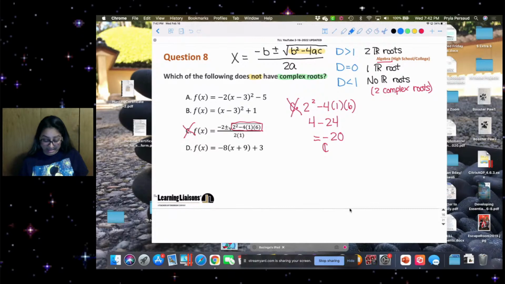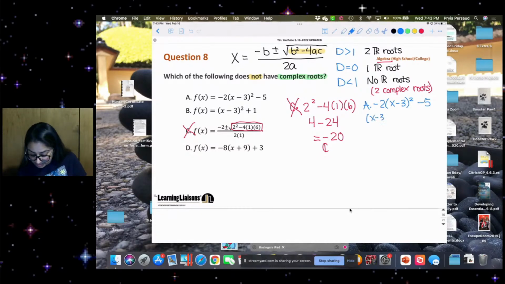Well, if I do A, it tells me that I have negative 2 times x minus 3 squared minus 5. I'm going to start with my x minus 3 squared, and that's going to give me x minus 3 times x minus 3. When I do that, I'll get x squared minus 6x plus 9 and bring everything else down.